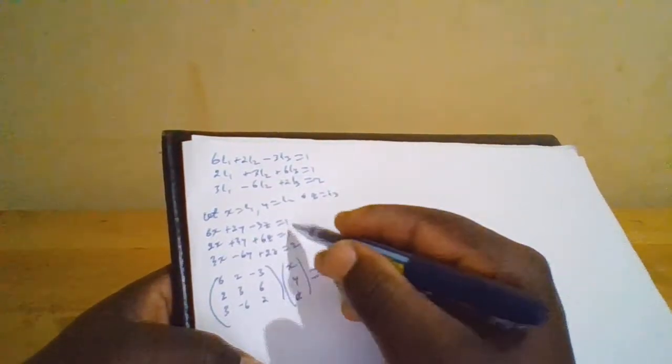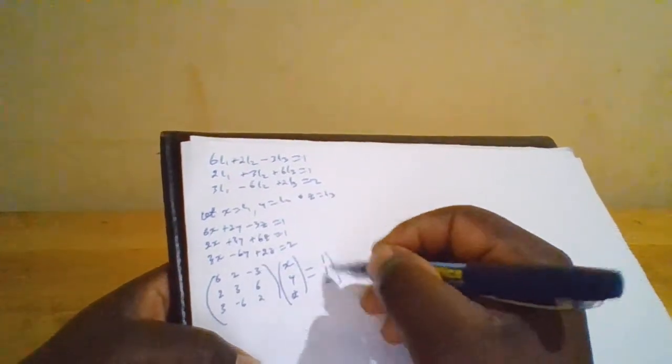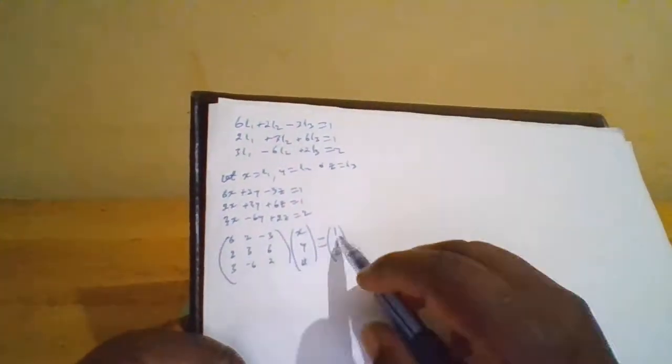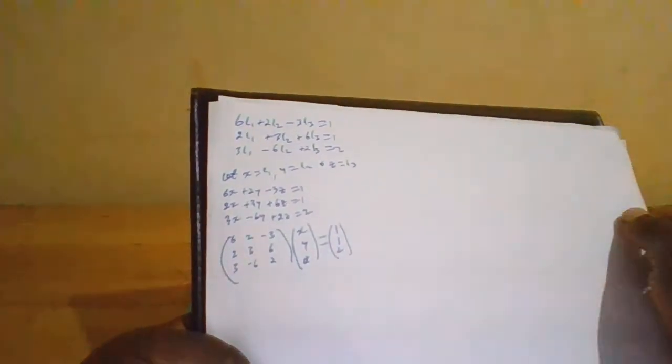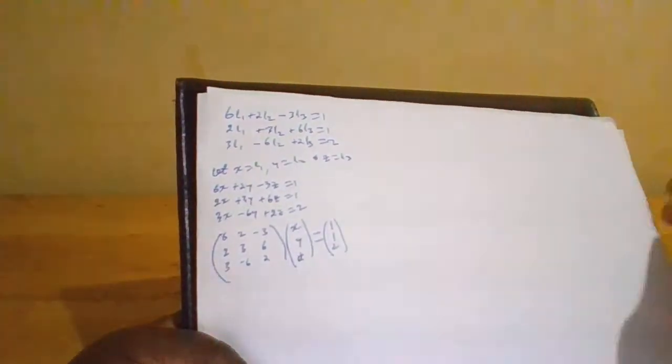This equals 1, 1, 2. So this equation is now in matrix form. We have expressed the three equations in matrix form.